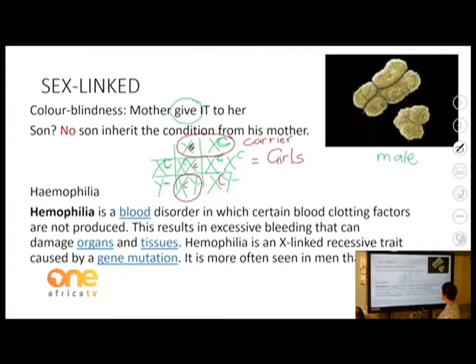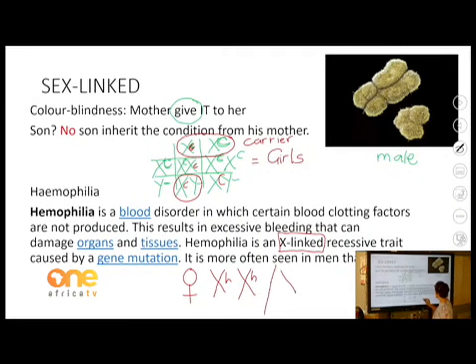This results in excessive bleeding that can damage organs and tissues. Hemophilia is also X-linked, and it is a gene mutation. It is more often seen in men than women, and this is the same reason. If you are female, to have the disease, you need to be like this.